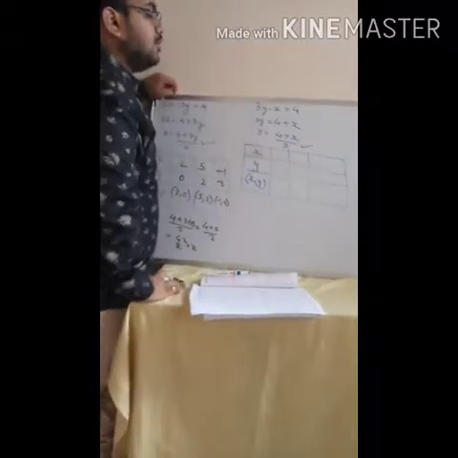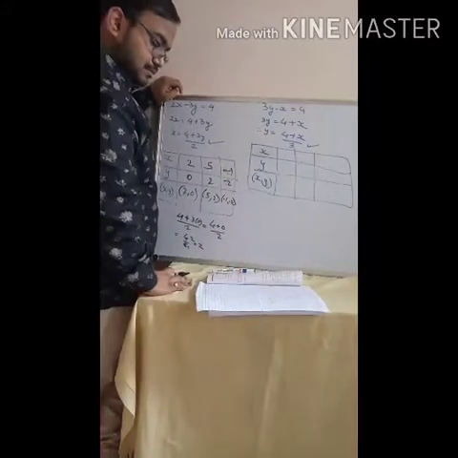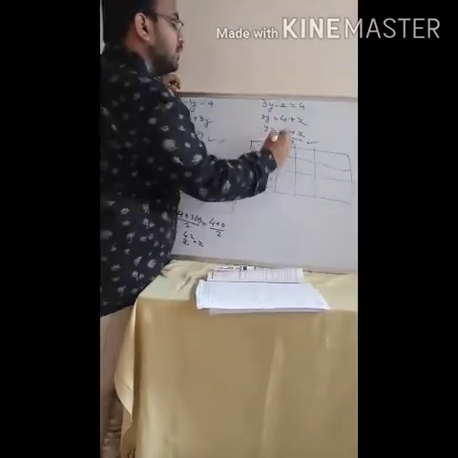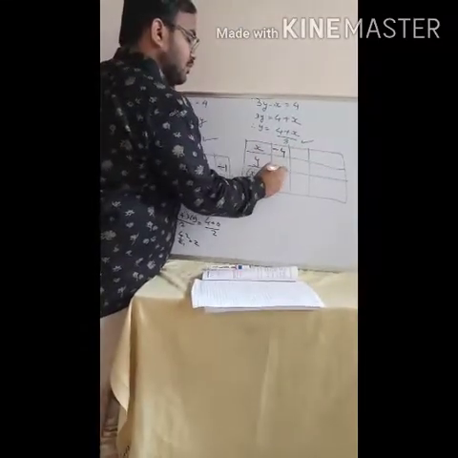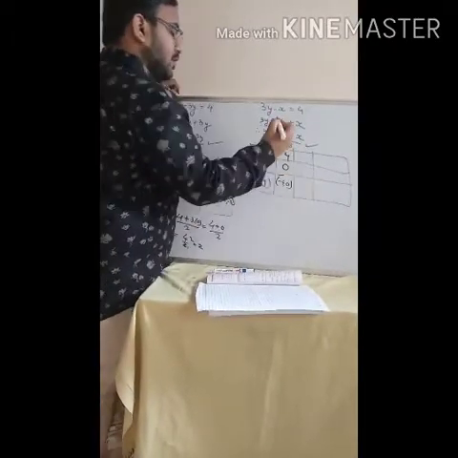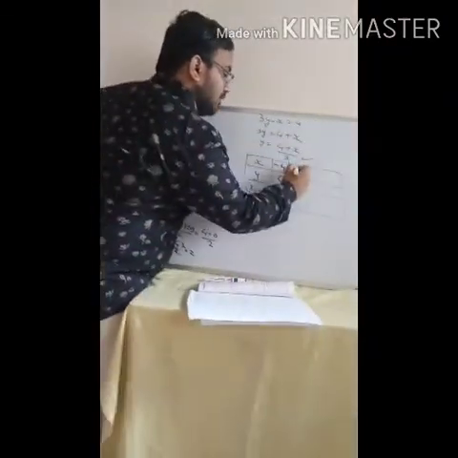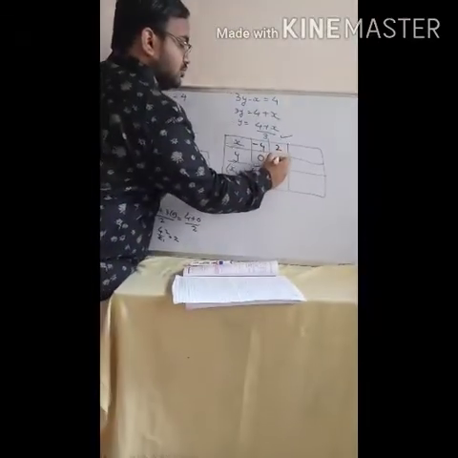So what can we take as the value of x? Tell me. Yes? Okay, take minus 4, y will be 0. And what else can you take? Just think. Yes, if you take 2, you will get y as 2.